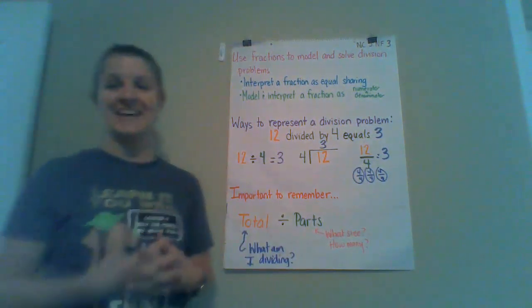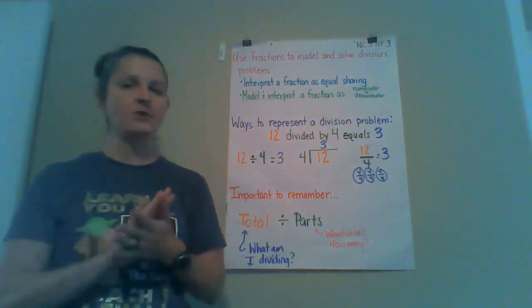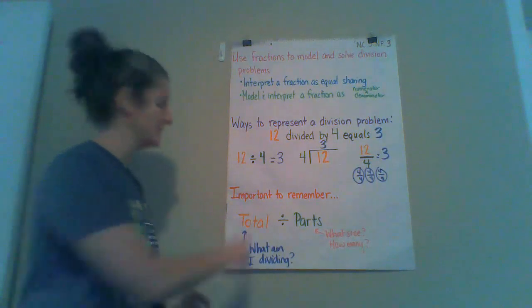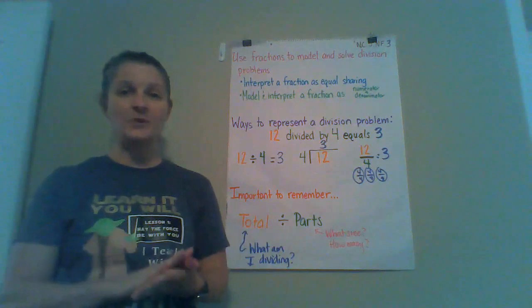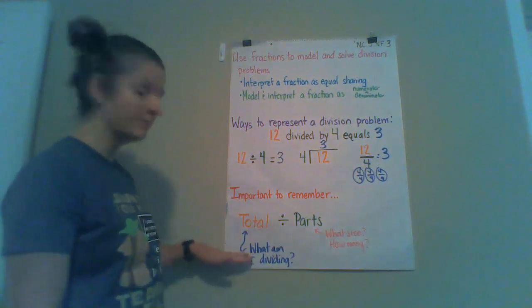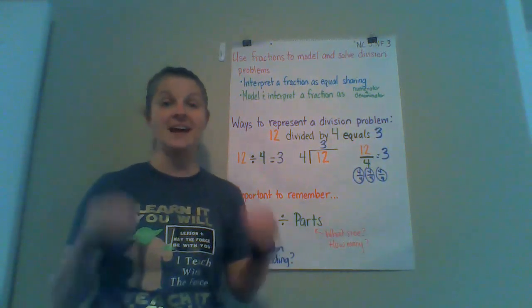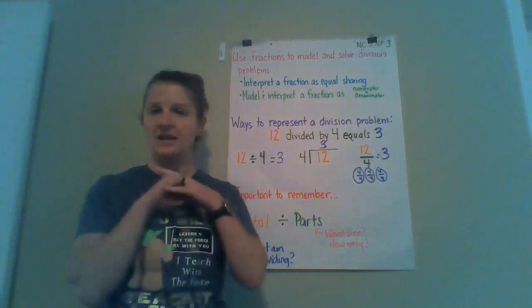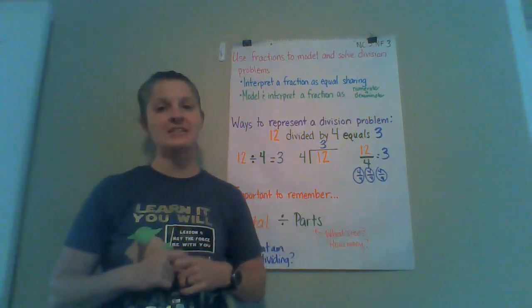But that's not always the case, and we're going to be learning that and looking at that this week, okay? As a 5th grader, your largest number is not always your total, okay? So this week, as we work on these problems, I'm going to be asking you, total, what are we dividing? What size, how many parts? We're going to be going over that and over that because that's what I want you to think with every single division problem.